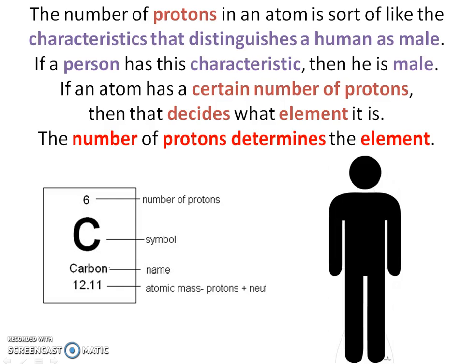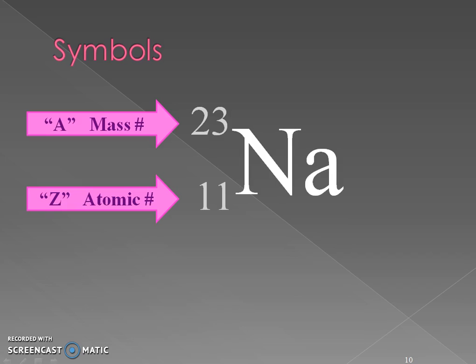So for instance, the number of protons will determine the element. So if we look at carbon here, no matter what, if I discover an element, or if I do some research and in my research I have an atom that has 6 protons, no matter what, I will know that it is the carbon atom. So the protons are going to determine an element, just like certain properties or certain characteristics describe a human as a male or a female.